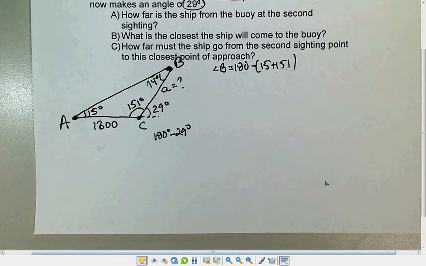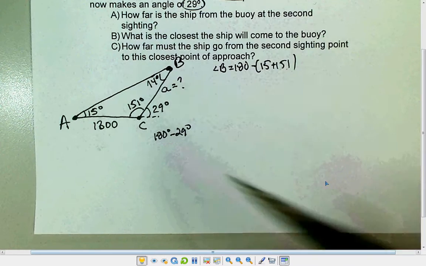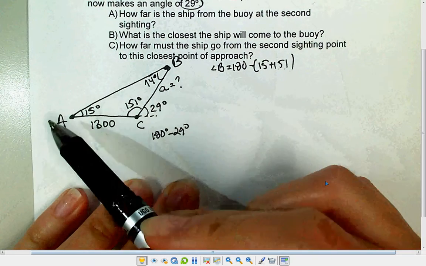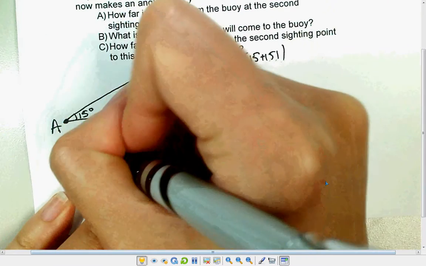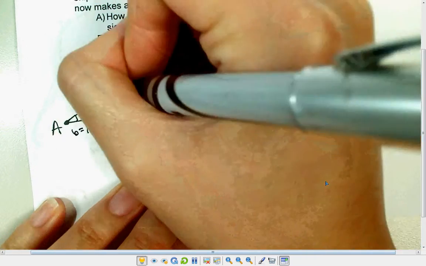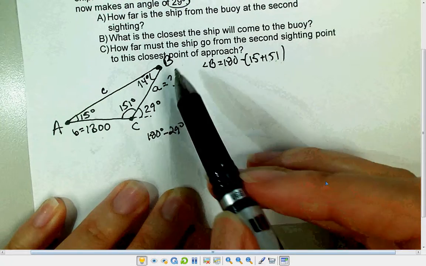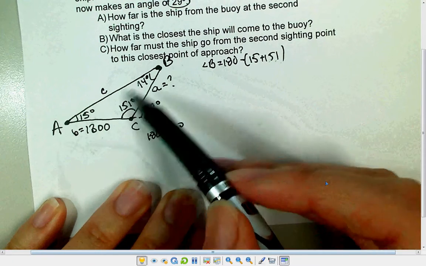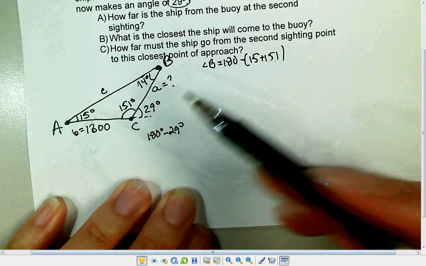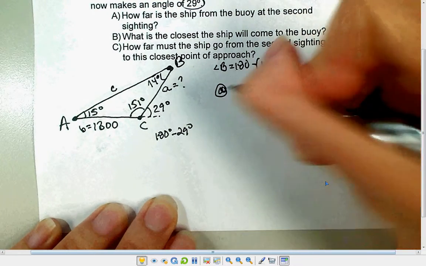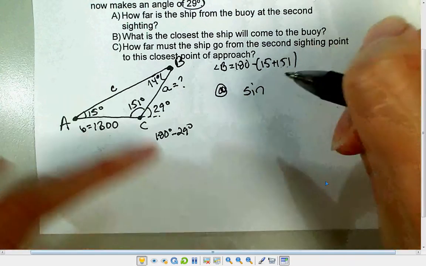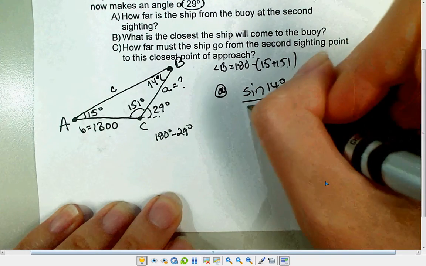Let's look at our triangle and see if we have any pairs. So this is side A. It's across from angle A. This is angle B, so this side down here is B. And over here is C. So we do have a pair. We know angle B and side B. So from that, we can use our law of sines. This is part A. Sine of angle goes on top, side goes on the bottom.